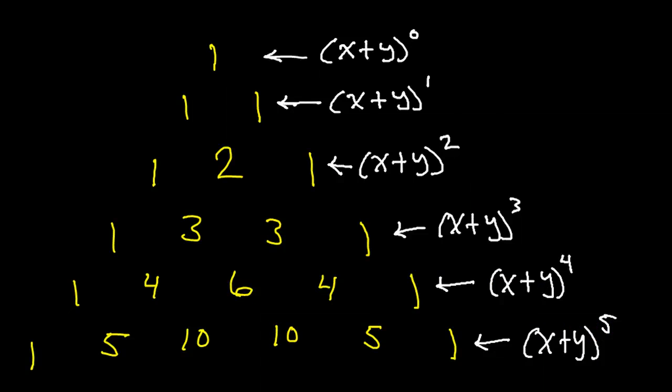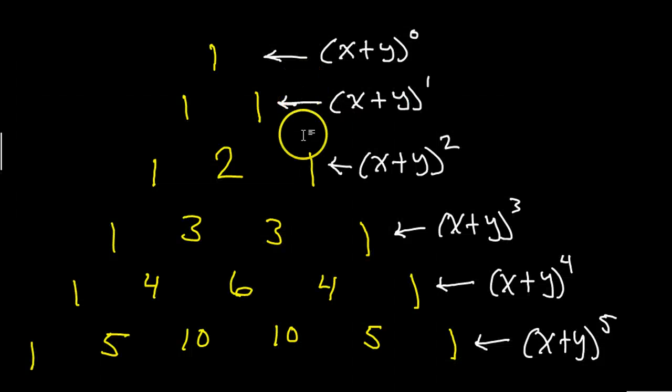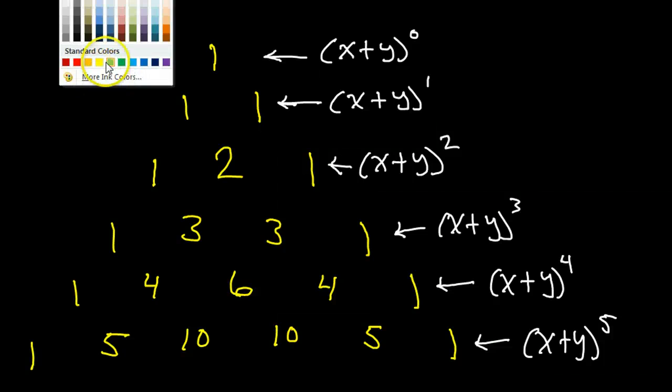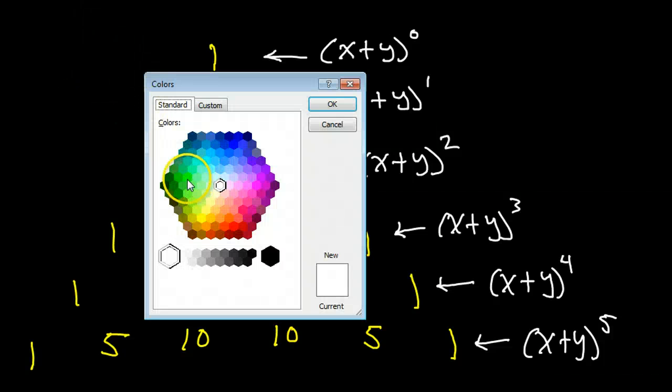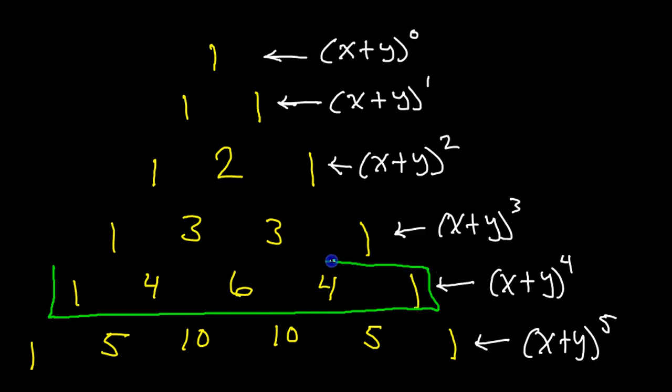So looking back at this problem number 26, we have a binomial raised to the 4th power. So that means that we should be looking at these coefficients right here. Those coefficients are 1, 4, 6, 4, 1.